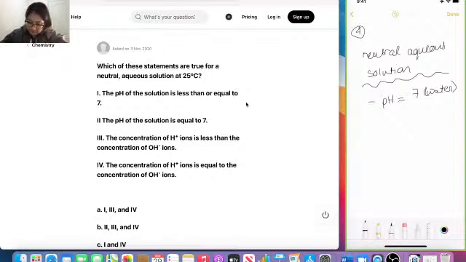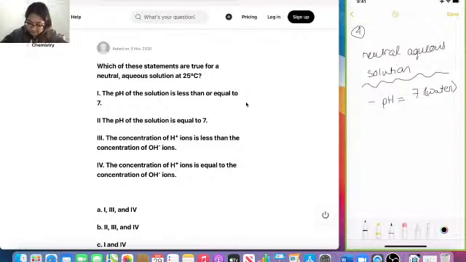And so if your pH is equal to 7, when we're calculating pH, we're talking about protons, which are our H plus ions, and our OH hydroxide ions.